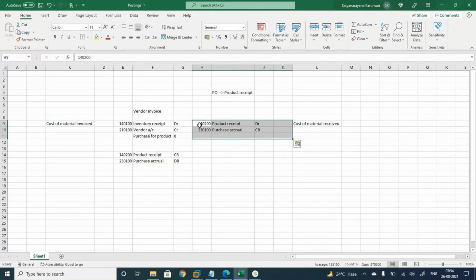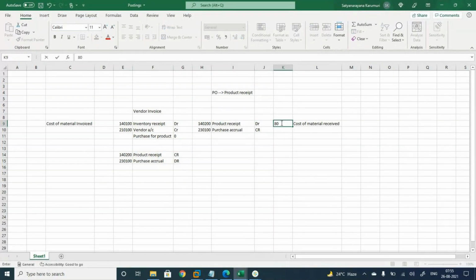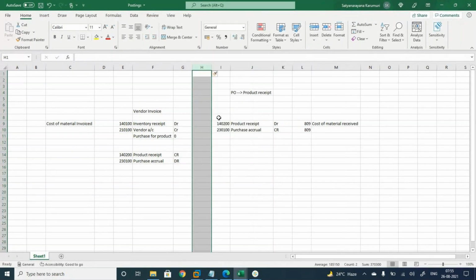Why are they called temporary postings? It will be reversed at the time of invoicing. Means it is posted with 809.1 something. Okay, 809 something. But if taxes are included, it will be suppose 950.